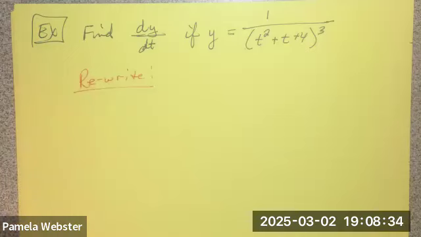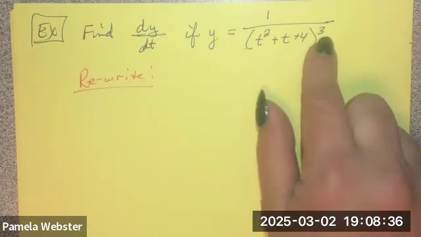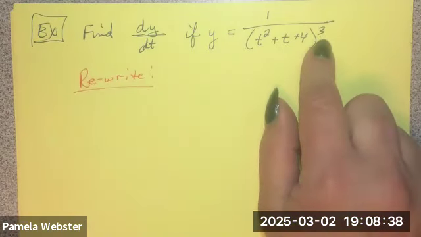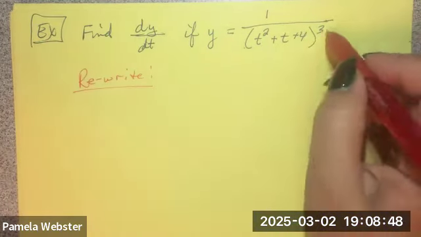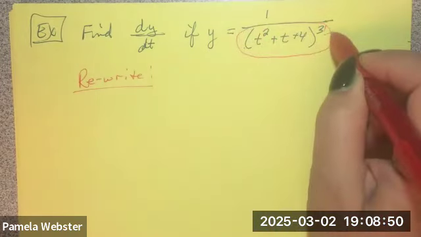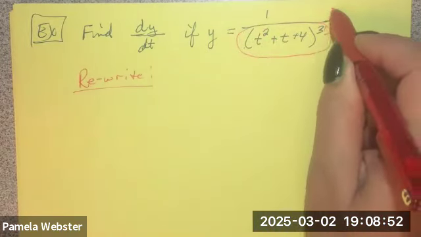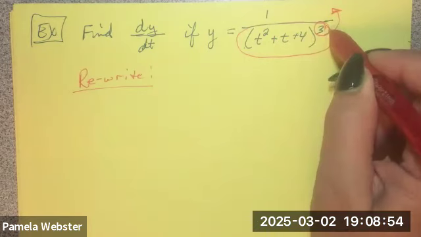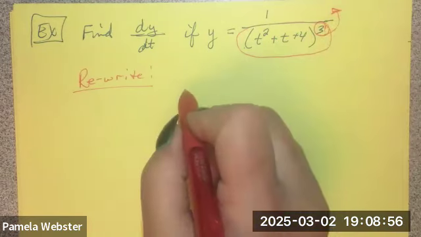I'm hoping that by now, when you see something raised to a power in the denominator, in your head you recognize, oh, that's in the denominator. I can move it to the top if I do what? Put this whole thing on top if I change the sign on that exponent, right? That's one of our exponent rules.